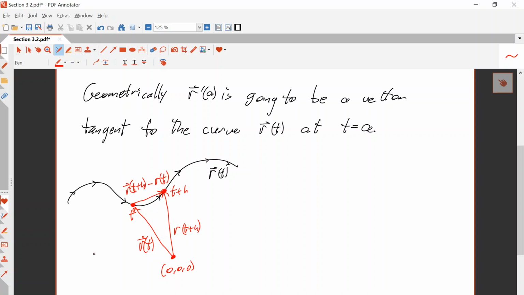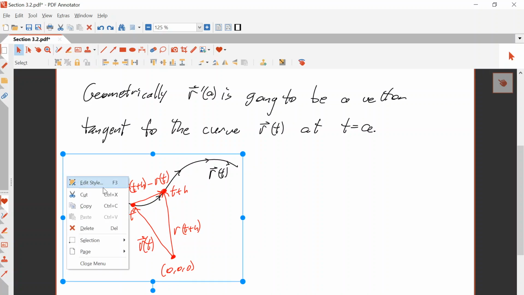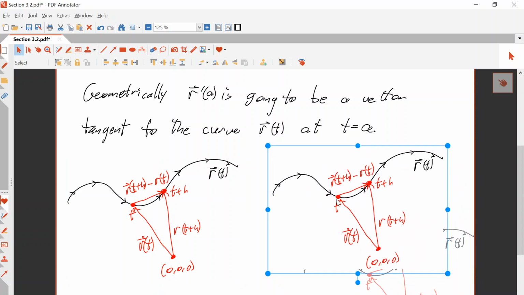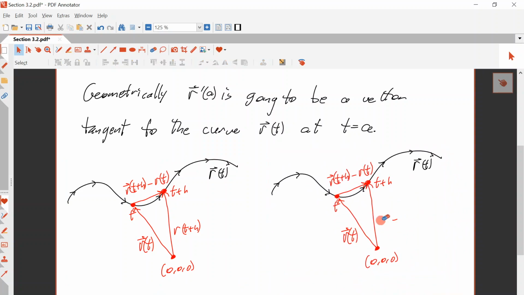So as we slide r of t plus h closer to r of t, in other words, as we let h go to 0, what do we see? Well, let's take a smaller value of h.